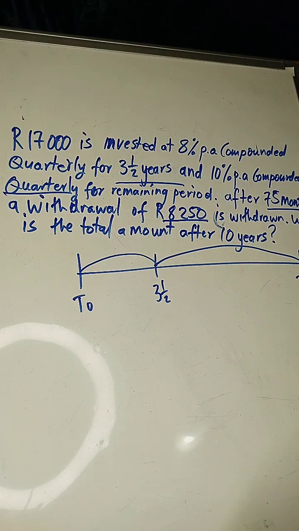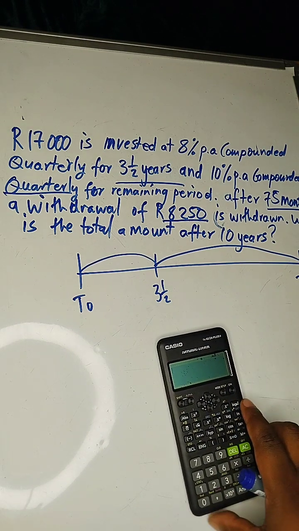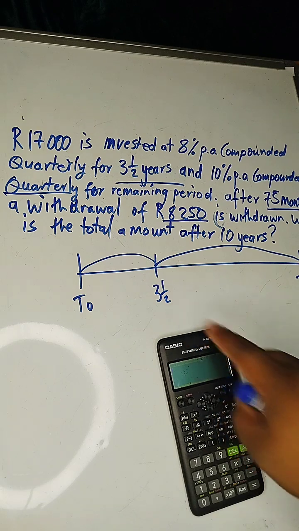Now remember that when they say 75 months, we can convert the remaining period.